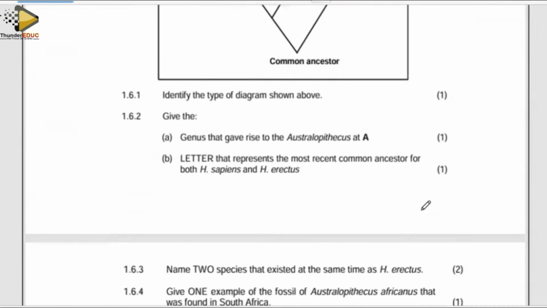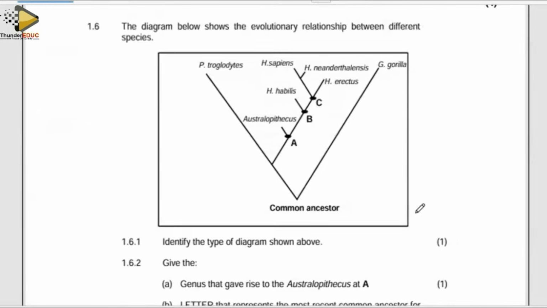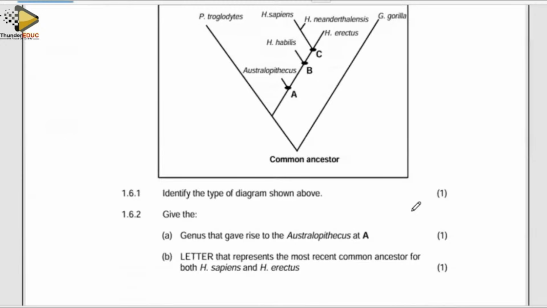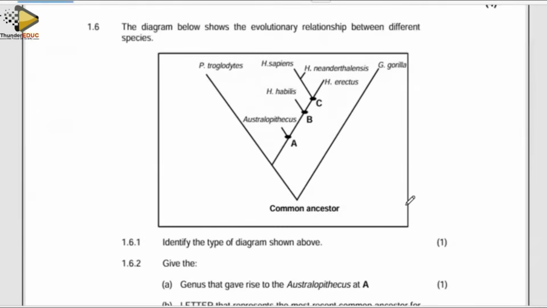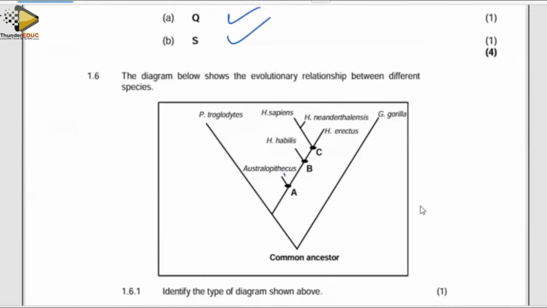Then they give the genus that gave rise to Australopithecus africanus.